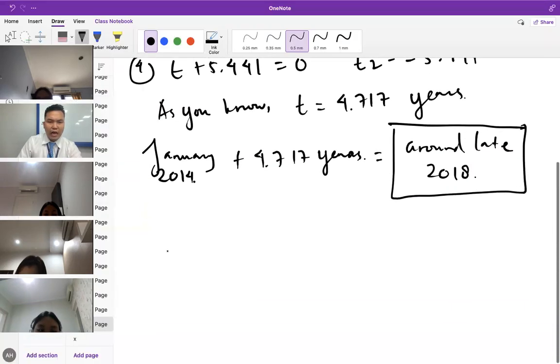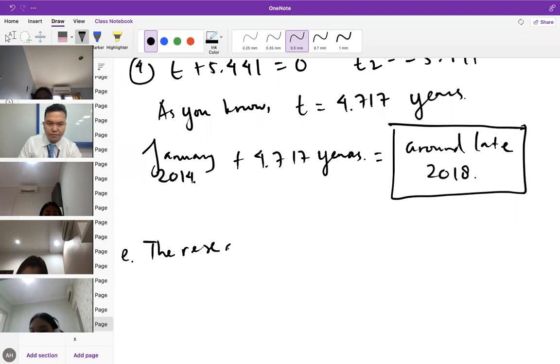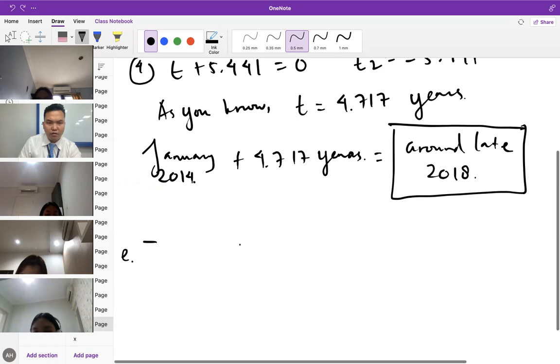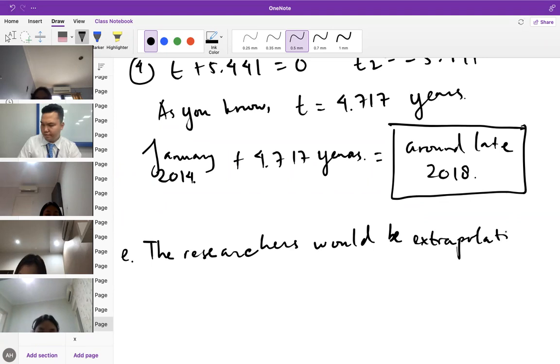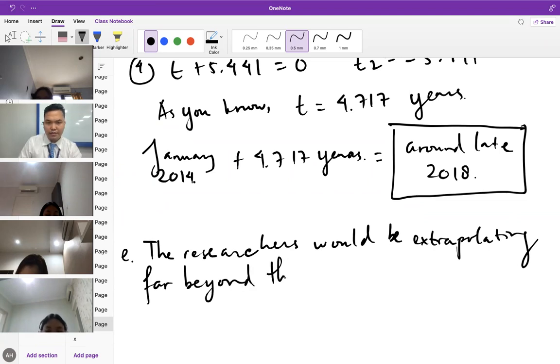So the way we say the reason is that the researchers would be extrapolating far beyond the data set.